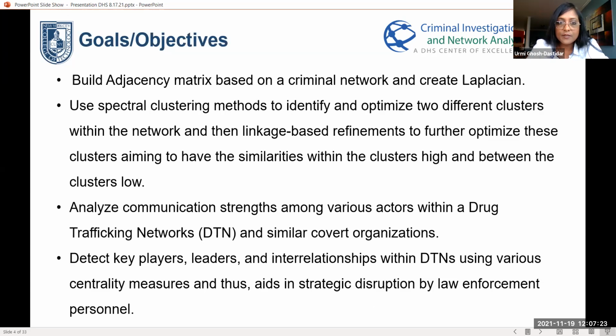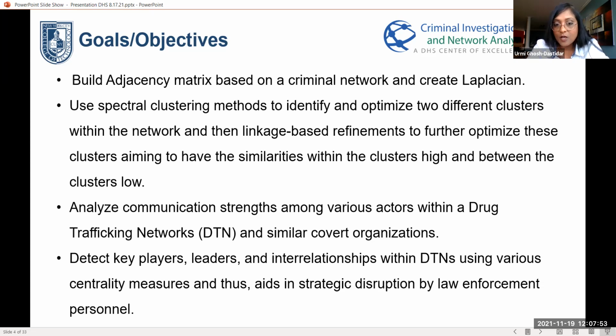So the goals and objectives: given the network data, we built an adjacency matrix based on the criminal network. And from there, we created the Laplacian. And we used spectral clustering methods to identify and optimize two different clusters within the network, and then used a linkage-based refinement technique to further optimize these clusters, aiming to have the similarity within the clusters high and between the clusters low.